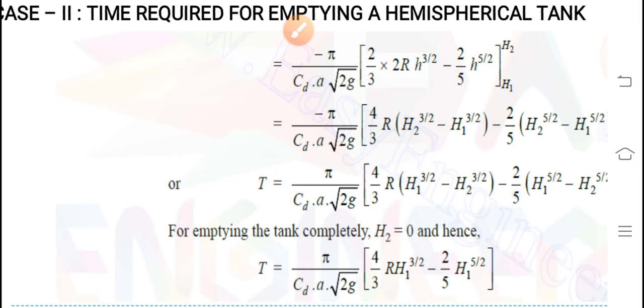Suppose if you assume that initially the tank was full and it should be completely emptied, then H1 will become equal to R, capital R, the radius of the hemispherical tank. Then we can substitute R for H1 here, here also. Then we will get some other equation that I would like to give as an assignment.